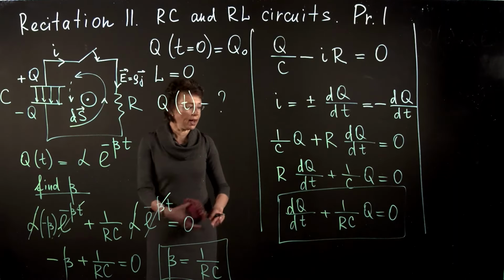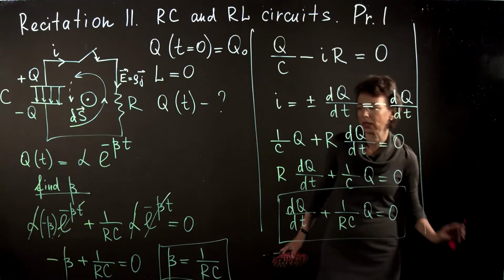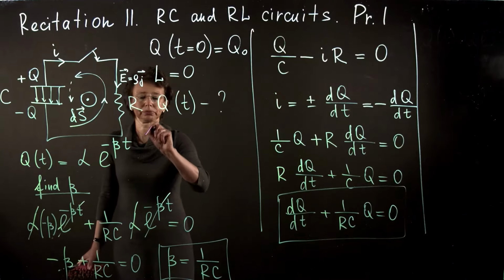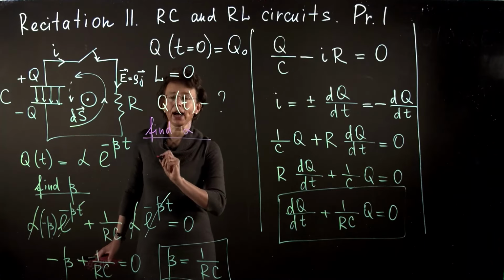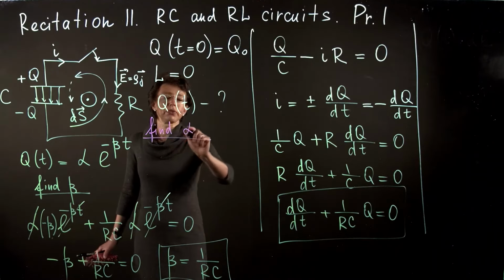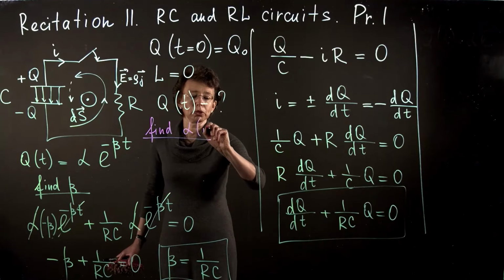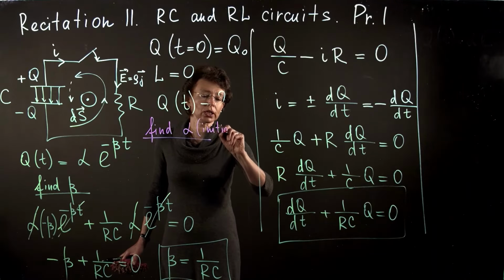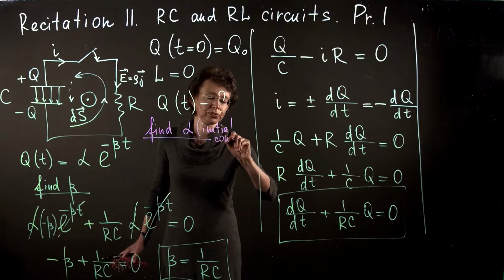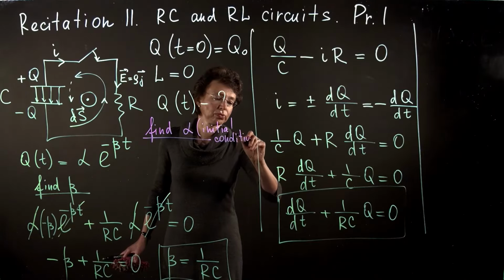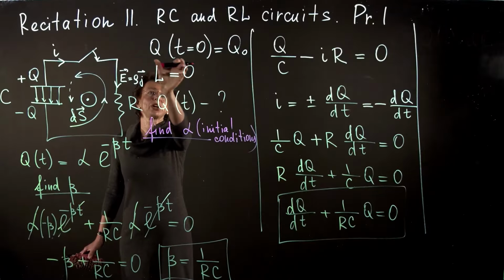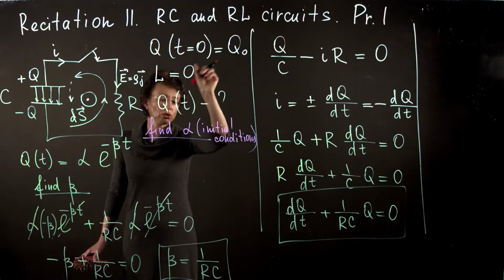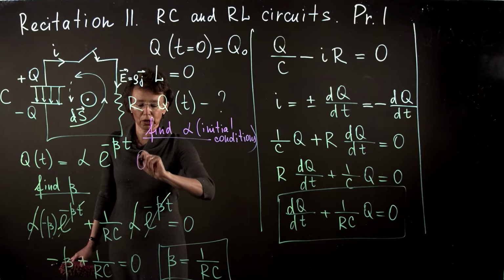Now we need to find alpha, and I will use a different color to find alpha. To find alpha, we need to use the initial conditions. For the initial condition, we have the charge at time moment 0 equal to Q naught.